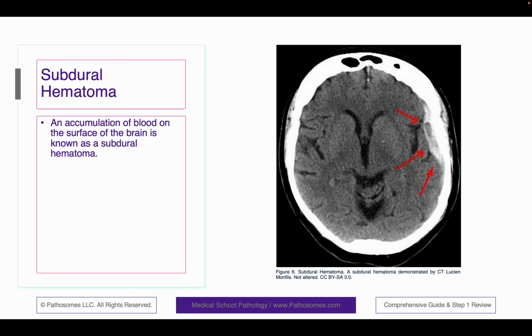Now, we know that an accumulation of blood on the surface of the brain is known as a subdural hematoma. Can you recognize the difference, right? We're talking about subdural hematomas. Now, you might be saying, that looks lenticular to me.